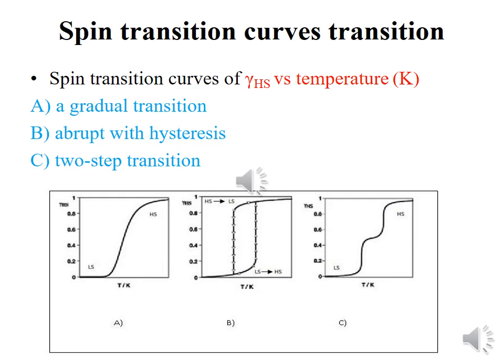In all three curves, the external stimulus is temperature. As the temperature changes, the state of a complex also changes, and it is converted from a low spin complex to a high spin complex. The explanation of this graph is on the next slide.